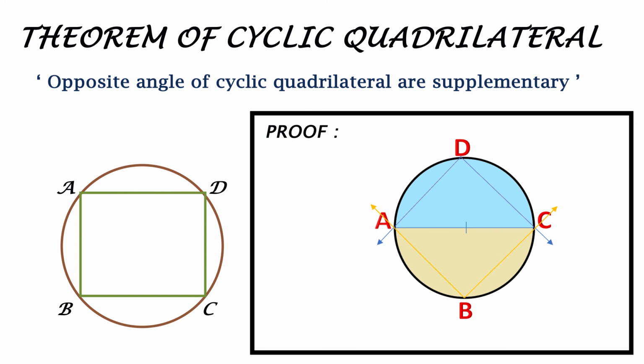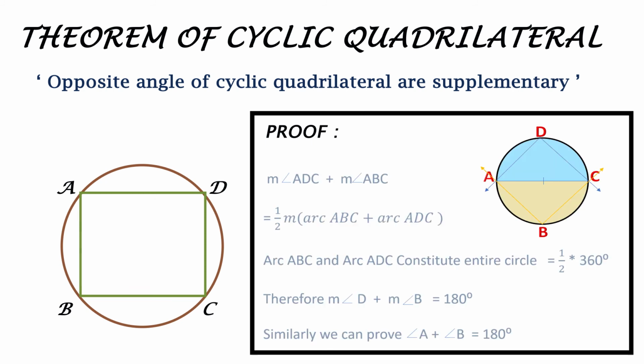So when we add these two equations, we get: measurement of angle ADC plus measurement of angle ABC is equal to half the measurement of arc ABC plus half the measurement of arc ADC. Half is common, so we get half of the measurement of arc ABC plus the measurement of arc ADC. When we join these two arcs, we get a whole circle, and the whole circle measures 360 degrees.